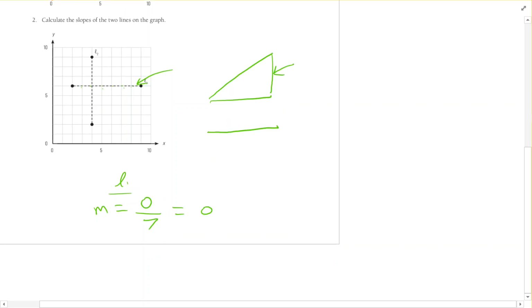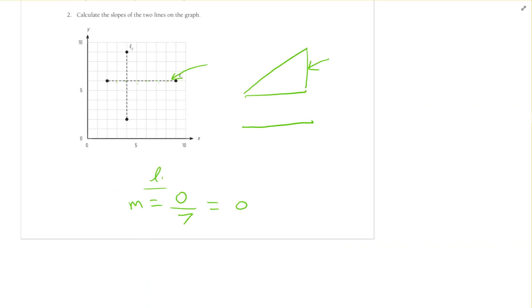All right, now if we look at this straight up and down line, it's kind of a different story. This time, we have a rise of 1, 2, 3, 4, 5, 6, 7. But what's our run? We don't have any run. There's no run at all. The run this time is 0. So if we want to figure out L2, that'd be rise over run. This time we have a rise of 7 and a run of 0.